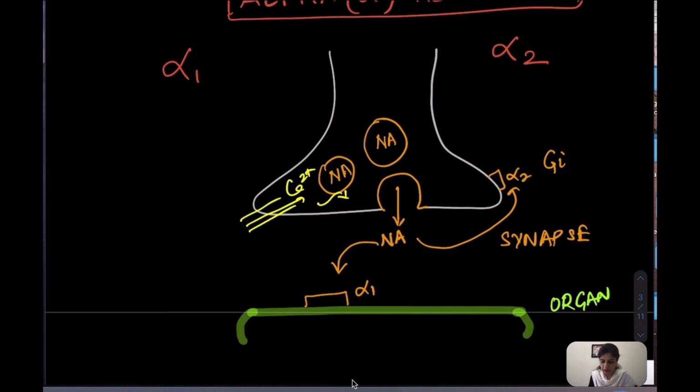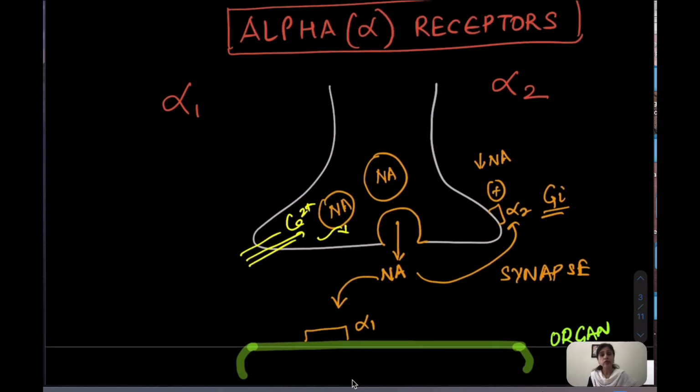So if they are stimulated, there will be a decrease in the release of noradrenaline, and the effects of noradrenaline are going to be less, because it's a Gi type. If any drug blocks this, that means the lock is open now, so anything from inside can come out. So when you block the alpha 2 receptors, there is an increase in the level of noradrenaline. So it has the opposite effect.